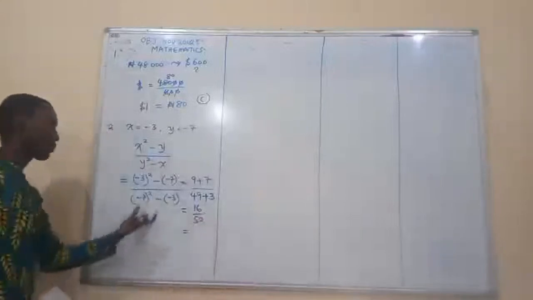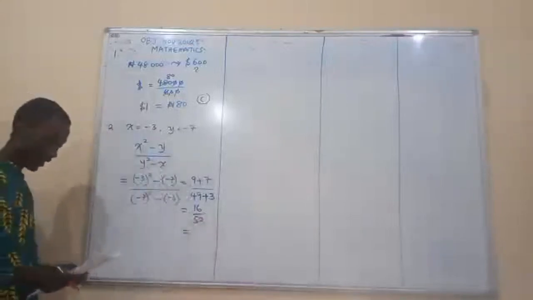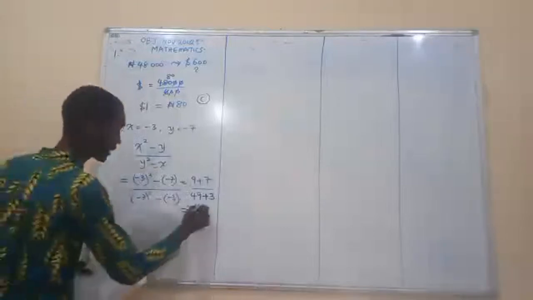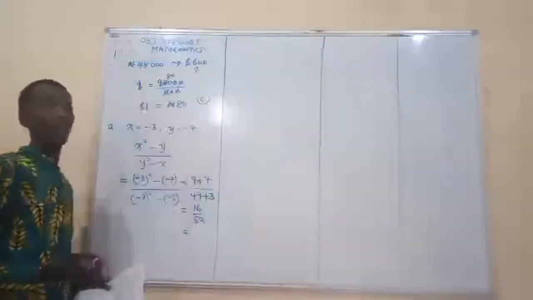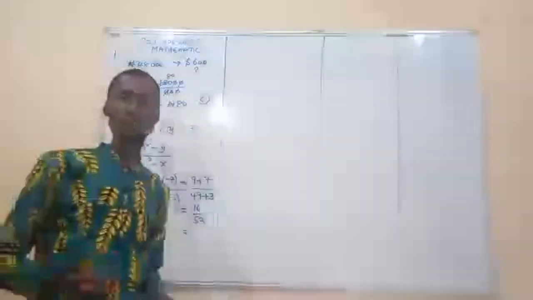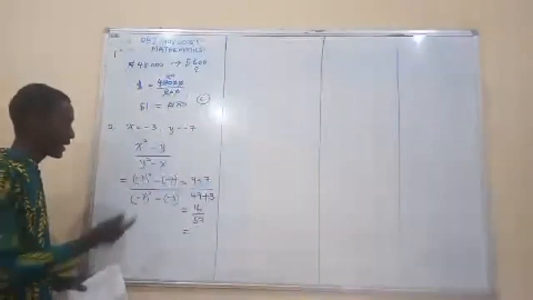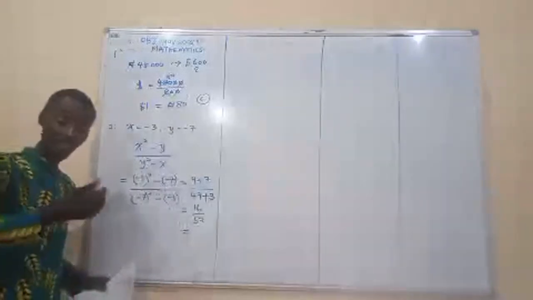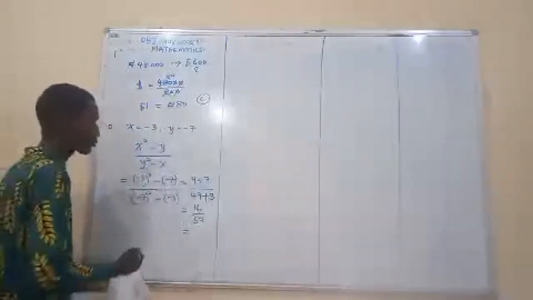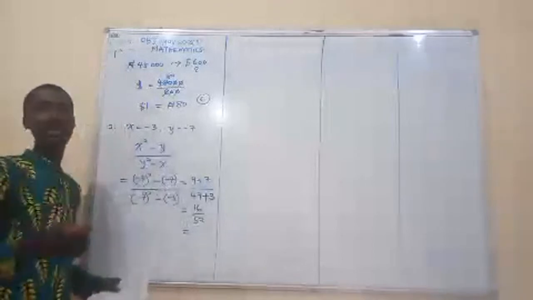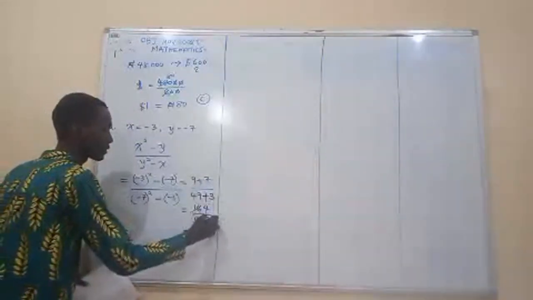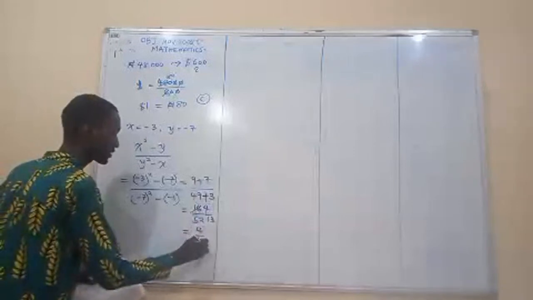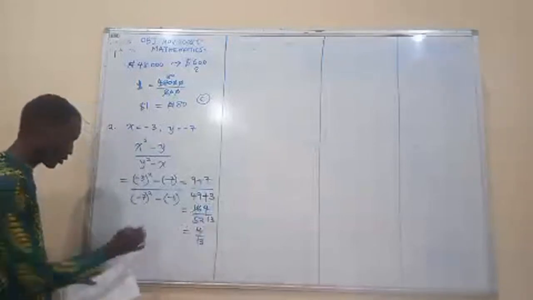Both are even numbers, so 2 can divide them. If I still get even numbers, I try another 2. So if I divide by 2 twice, I have divided by 4, and your answer becomes 4/13. That option is simply C.